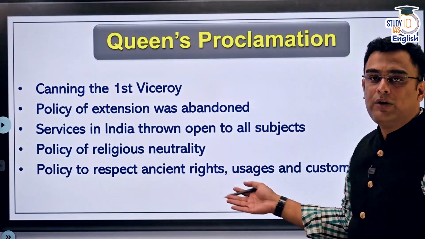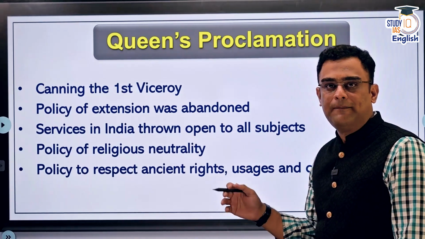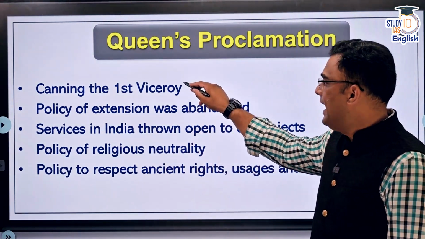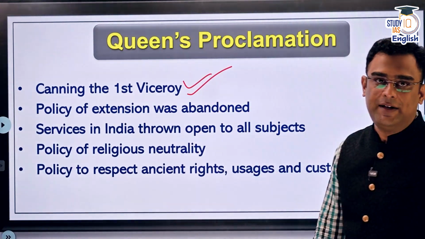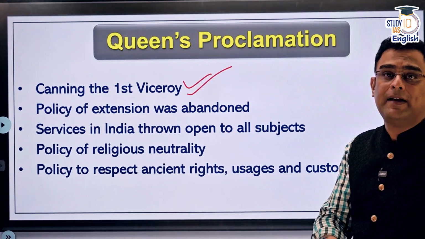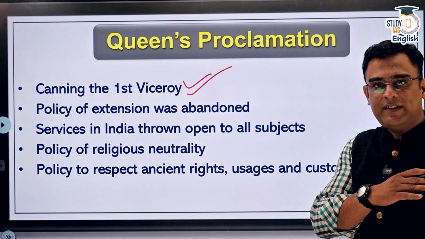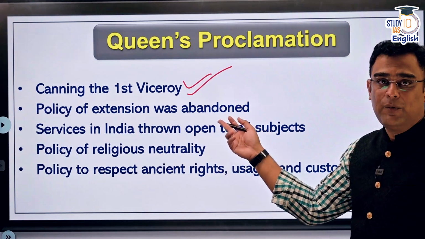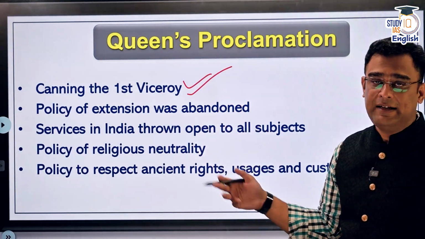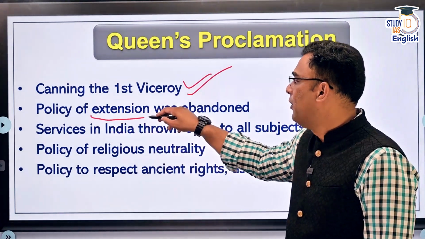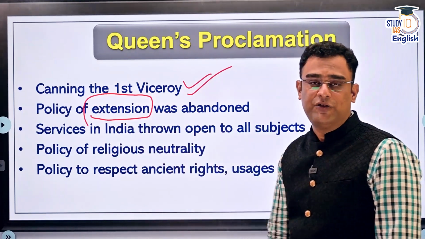Now let us read about the Queen's Proclamation, about which UPSC had asked a question. Canning became the first Viceroy of India. He was the Governor General at the time of the revolt. Dalhousie leaves in 1856, and all of that mess that was created, the incoming Viceroy Canning had to handle in the very next year. The policy of extension was now abolished.